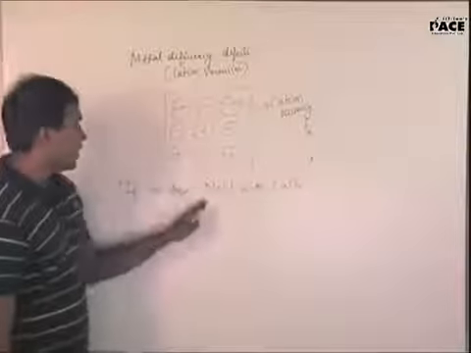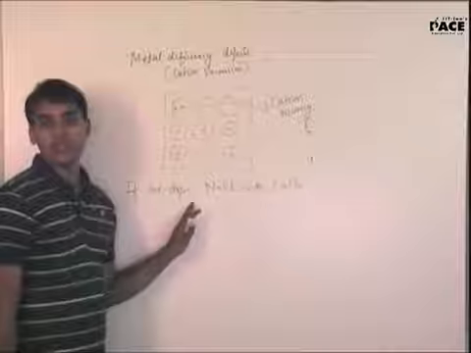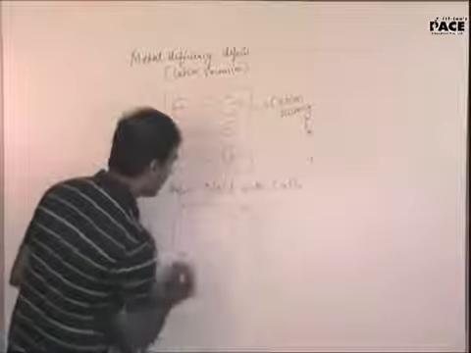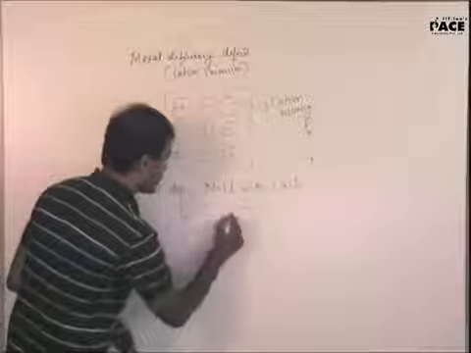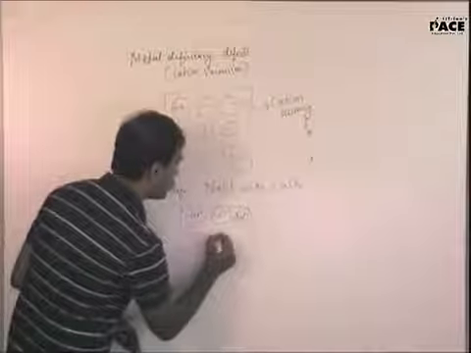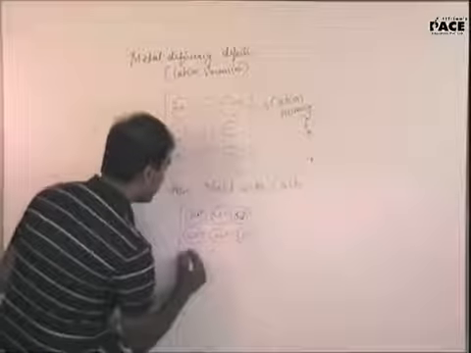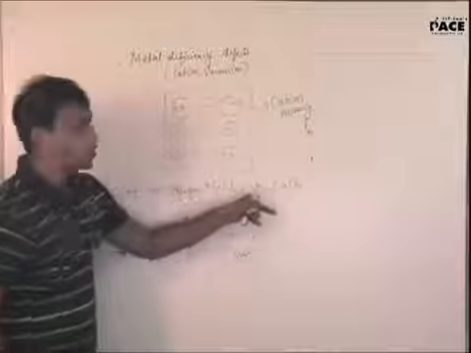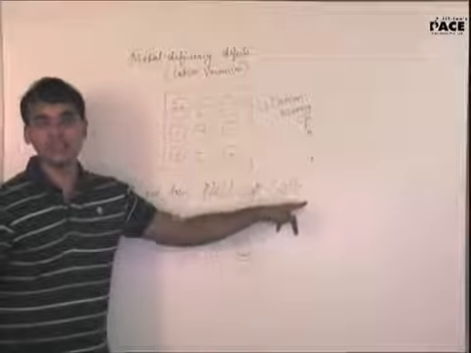Anyways, for example, if they can give you a question of NaCl which is doped with CaCl2, what does it imply? I have a crystal in which I have sodium, chlorine, sodium, chlorine, sodium, chlorine, sodium. Now if it is doped with CaCl2, what is the case?